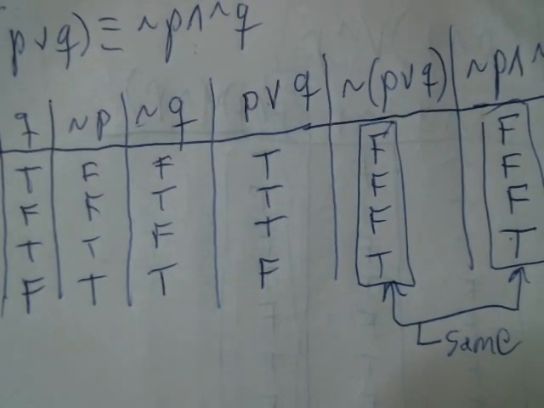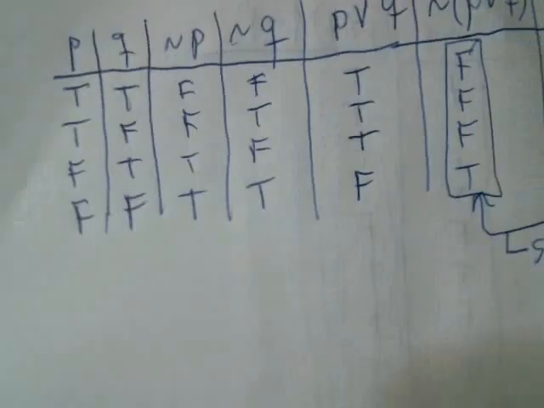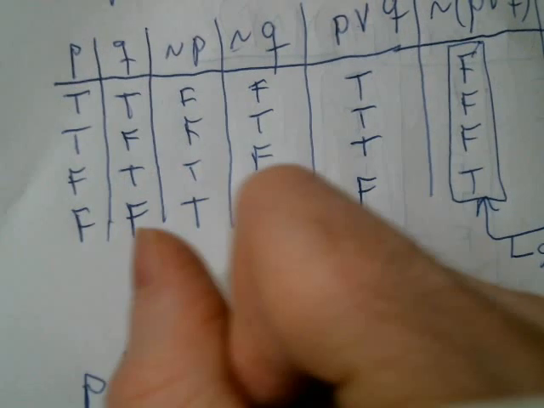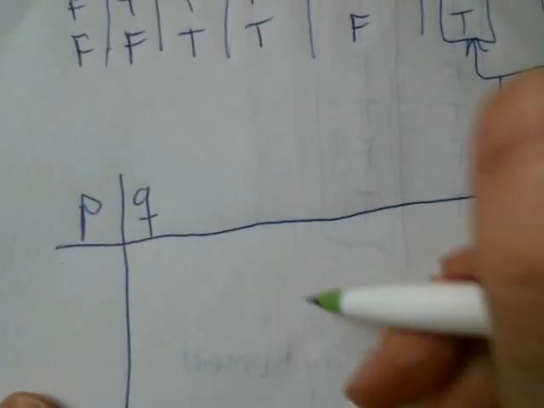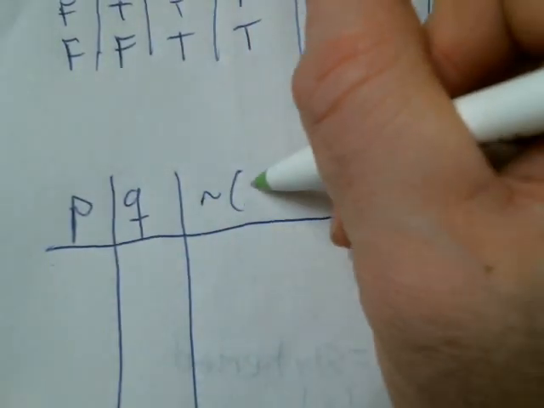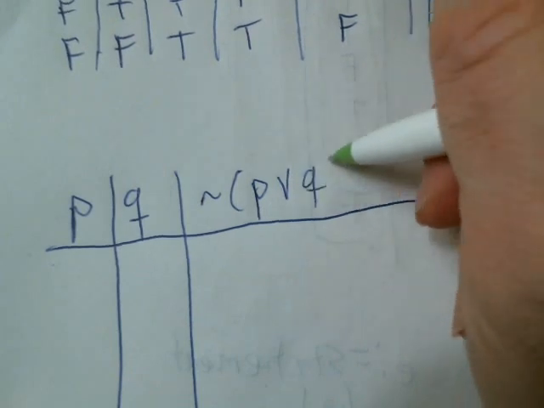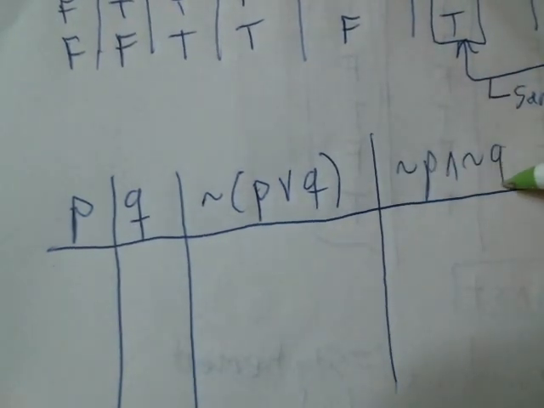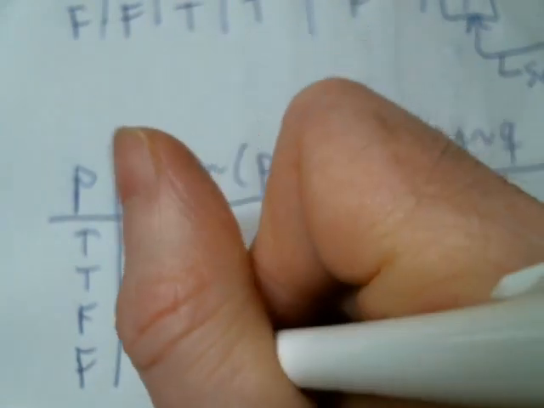How would I do this in more of a general way? How would I set it up? In practice, I wouldn't do this piece-by-piece version of the table. I would just do it like this: not (P or Q), and then the other side, not P and not Q. So you have true, true, false, false, true, false, true, false.